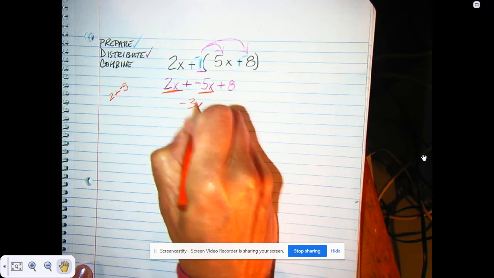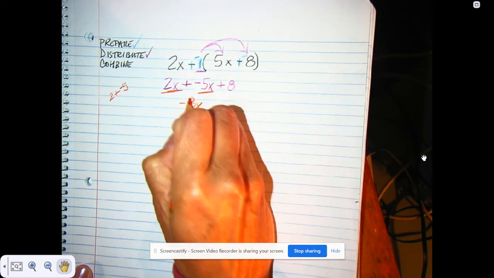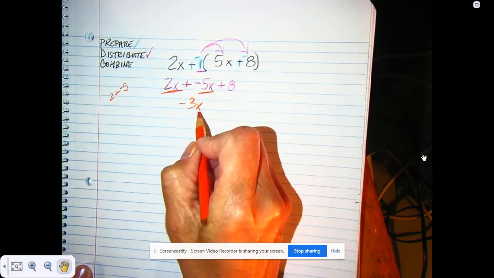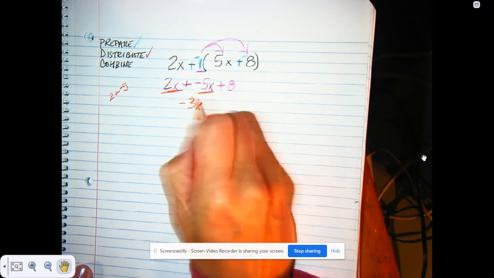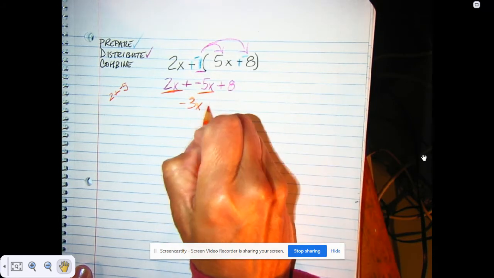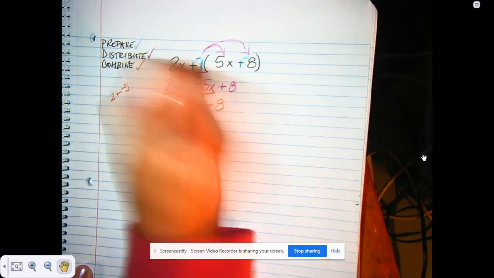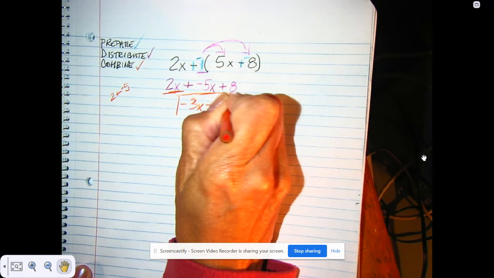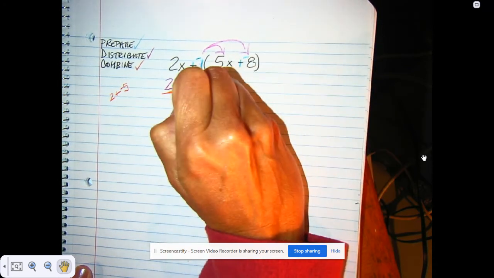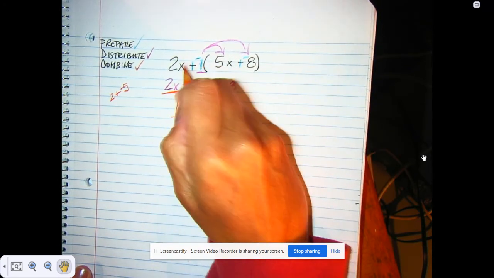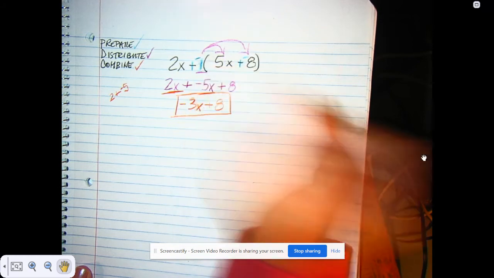It's addition, so I just still have an x. I do not get higher powers on my variables when I add. Same thing. And then I have this plus 8. It has no friends. So I have just prepared, distributed, and combined like terms. Just be careful of this minus right up against the parentheses. And remember, you have to distribute the negative 1.